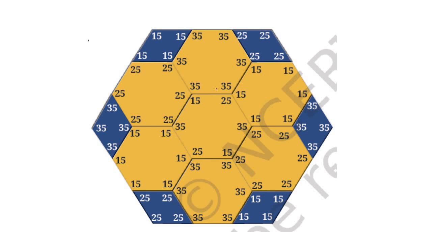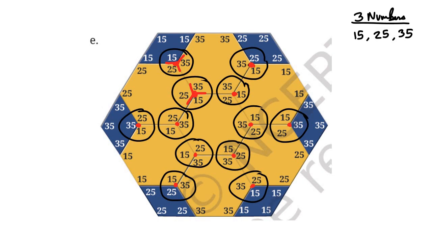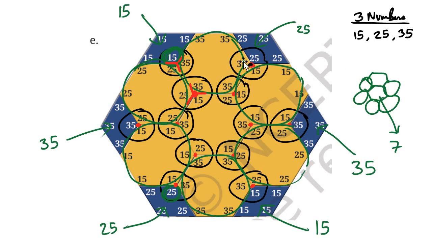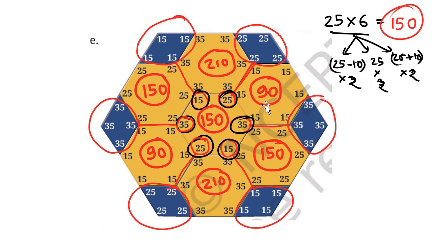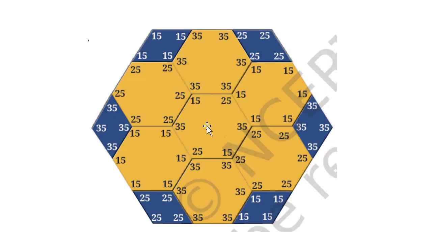So I have already told you about two very different strategies. First is the junction strategy. The second one was the sums. Now, interestingly, there is yet another way to do the analysis. Say for example, here you see, this is a 15 block. Next we have got a 25 block, next a 35 block.